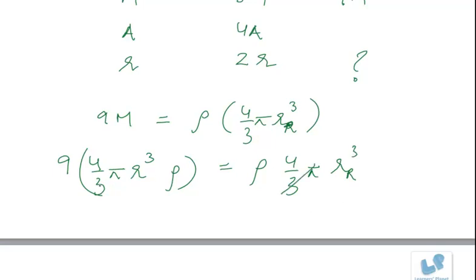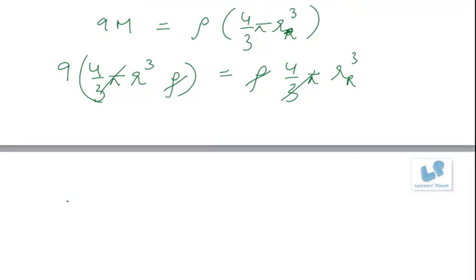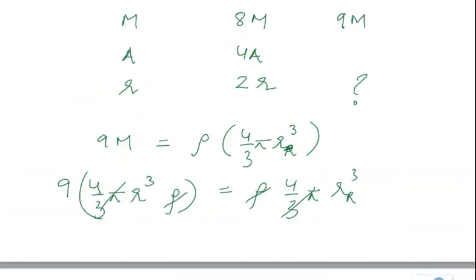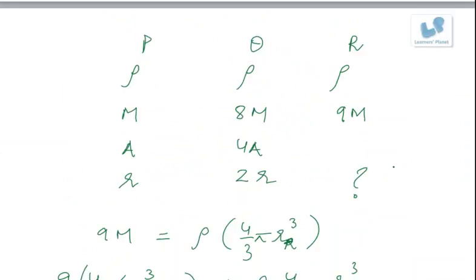So 4 by 3 pi cancels out, rho cancels out, and we have radius R equal to cube root of 9 times r, which we can write as 3 to the power 2 by 3 times r. Okay, so the radius is 3 to the power 2 by 3 times r.